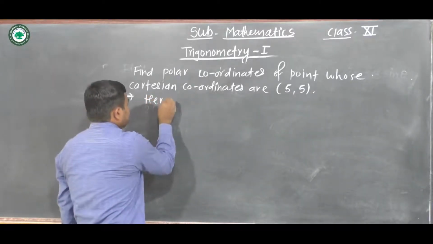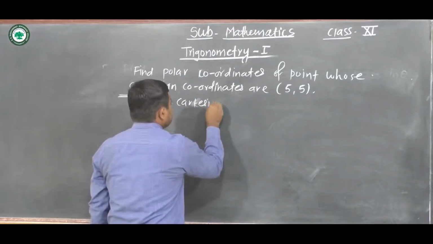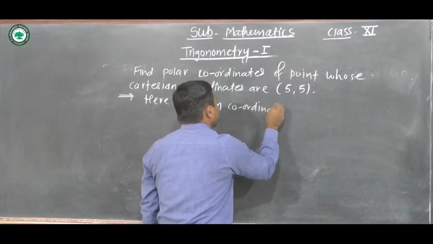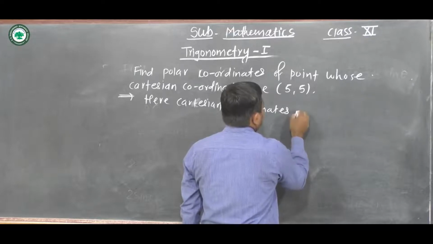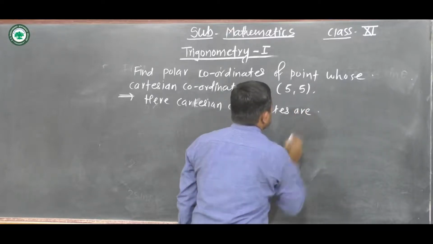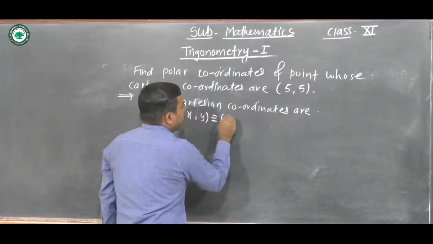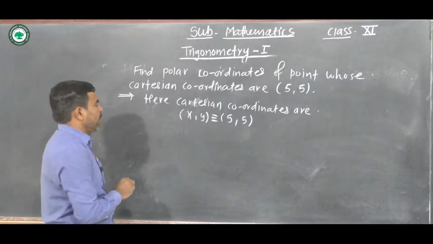Here, Cartesian coordinates are x comma y, and it is 5 comma 5. It means that x is equal to 5 and y is equal to 5.